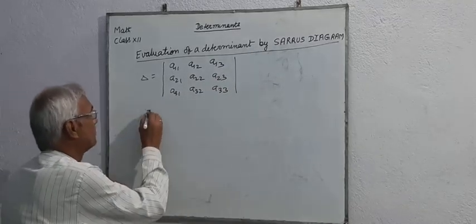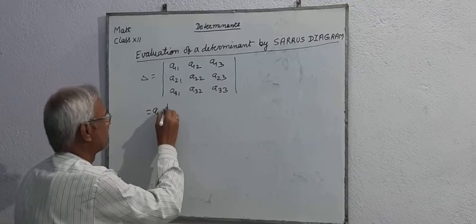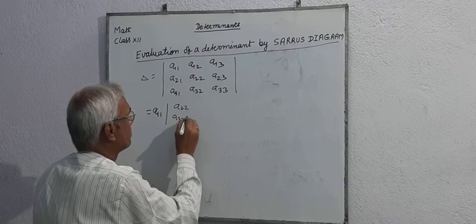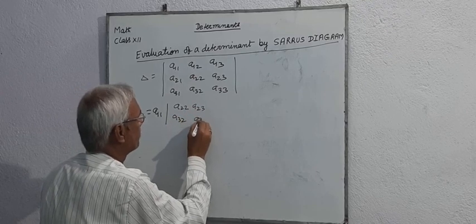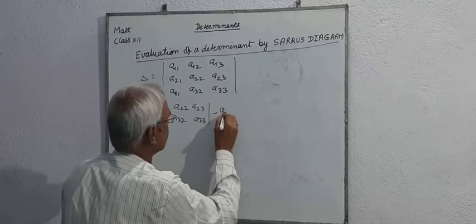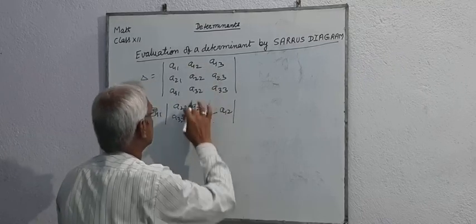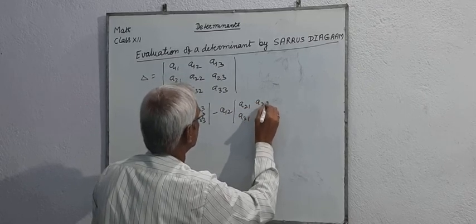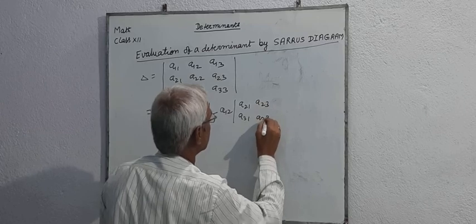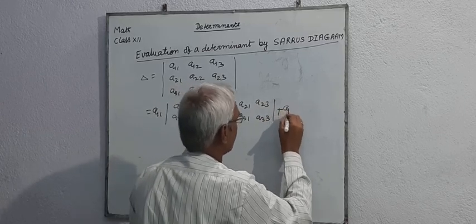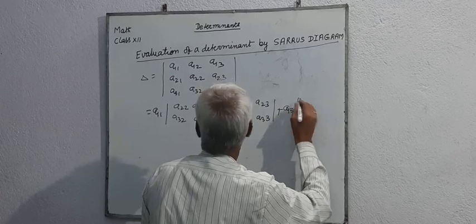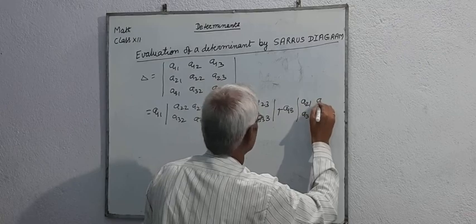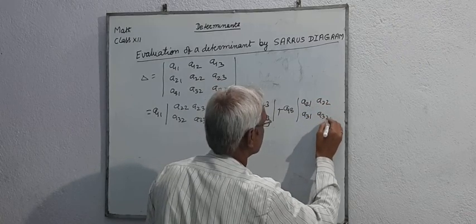On solving, we get A11 times the determinant A22, A23, A32, A33, minus A12 times the determinant A21, A23, A31, A33, plus A13 times the determinant A21, A22, A31, A32.